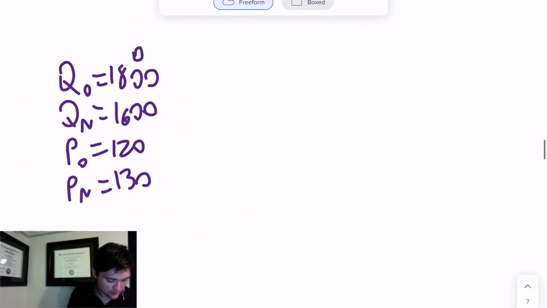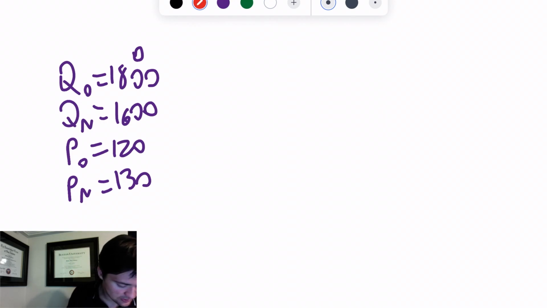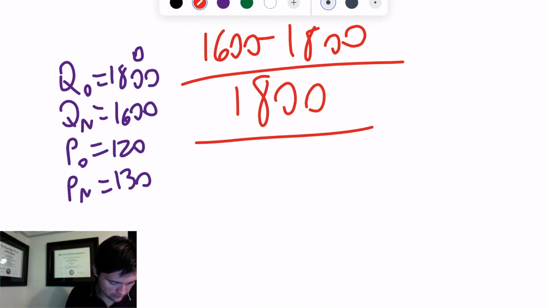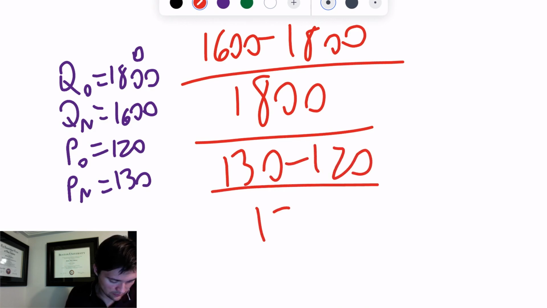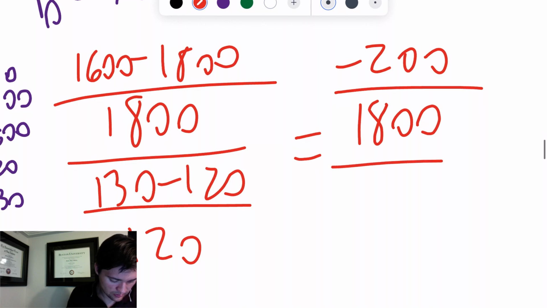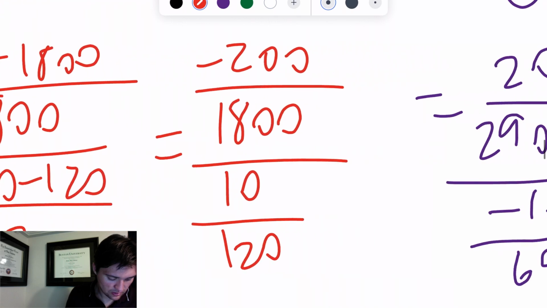Now we'll do the price elasticity. So we'll do new minus old, so 1600 minus 1800, divided by old, which is 1800. And then new minus old, 130 minus 120 is 10, divided by 120. So we'll do negative 200 divided by 1800, and then 10 divided by 120.